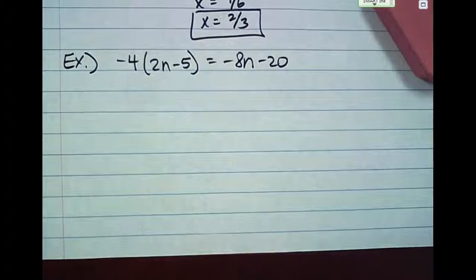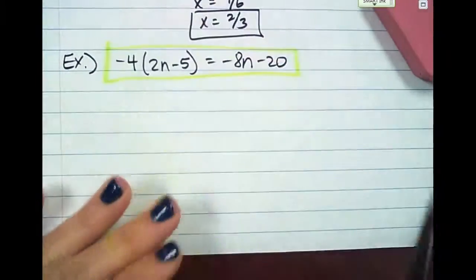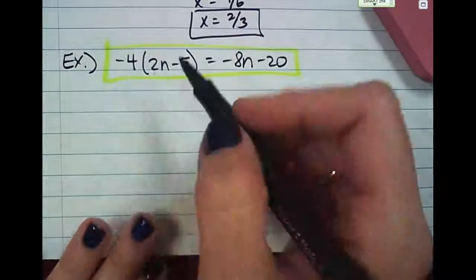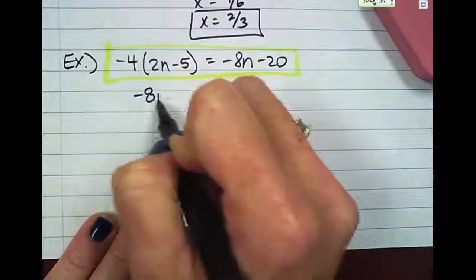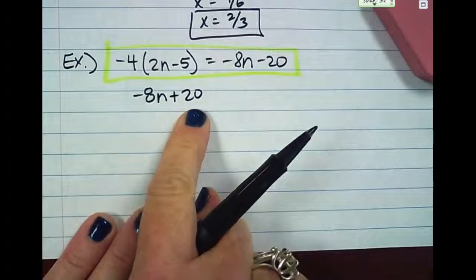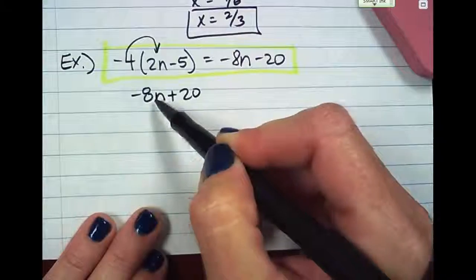Here's your next one. FOIL your negative 4, which gives you a positive 20. Watch the negative, right? Negative 4 times 2 is negative 8n.